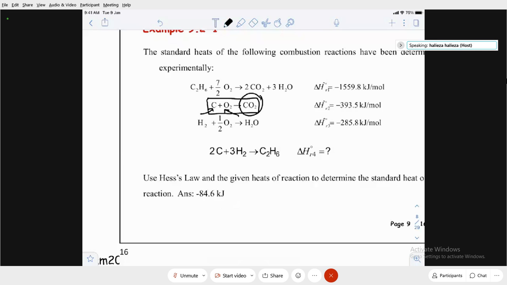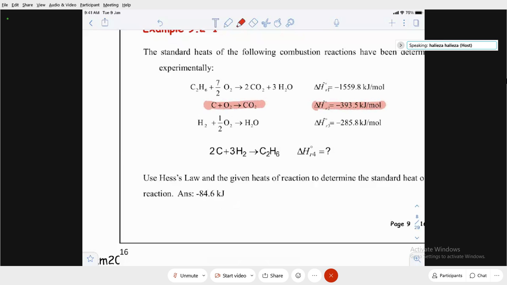That is how oxygen occurs naturally. So this is your oxygen, and this is your carbon. Carbon is a solid. You will form your carbon dioxide from carbon solid reacting with oxygen. So this is your heat of formation.